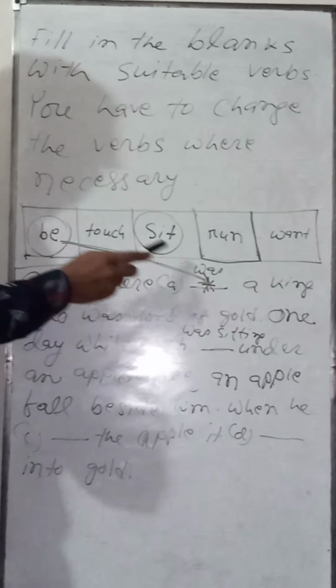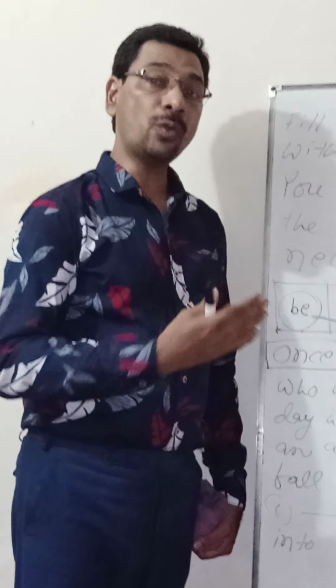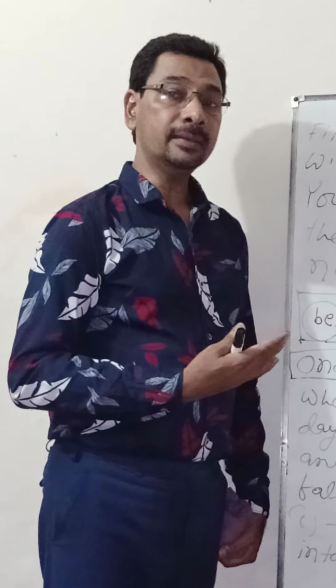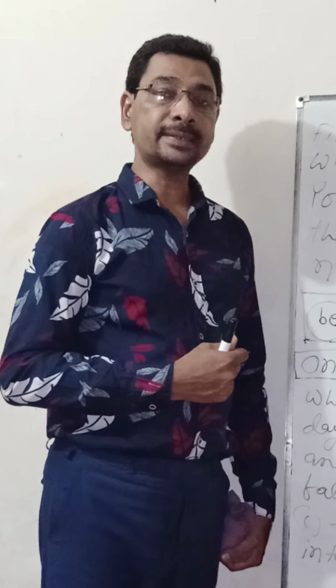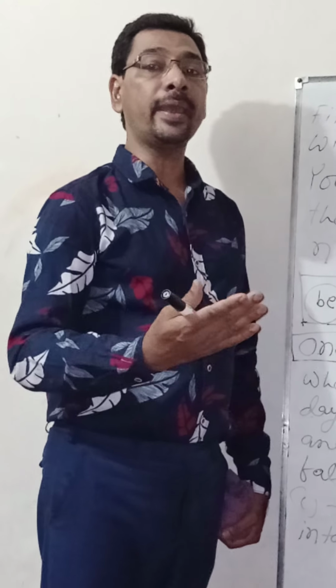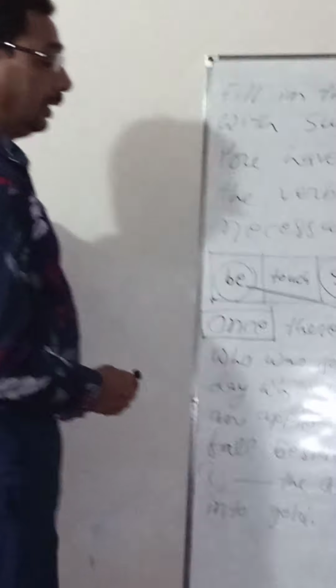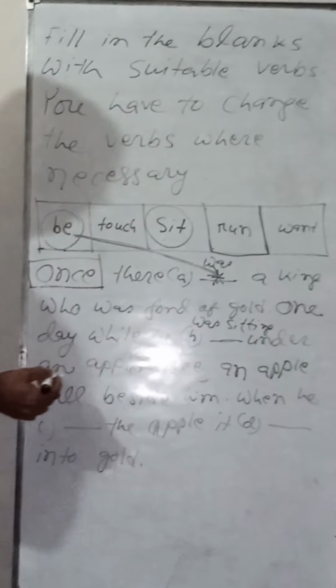It is past continuous tense. When a matter or anything was going on, then it will be past continuous tense. And if a matter is ongoing, it is present continuous tense. So you have to write was sitting under an apple tree.